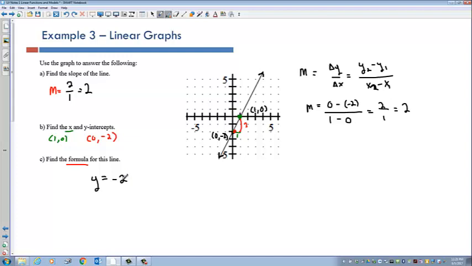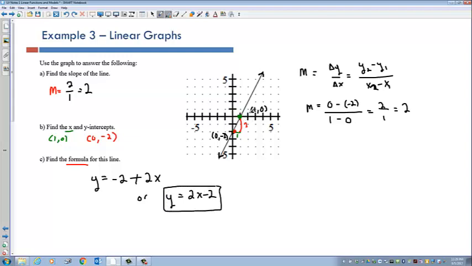You start at some value, like in this case -2, and then you're going to add some number each time, and the number you're adding is this slope, this rate of change, which is just 2. So it's -2 plus 2, and each time we multiply by x. So the formula is just -2 plus 2x. Or you could rewrite this, if you like, as y equals 2x minus 2. And so there's a formula for this line.